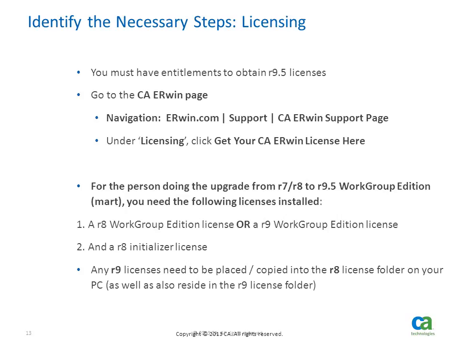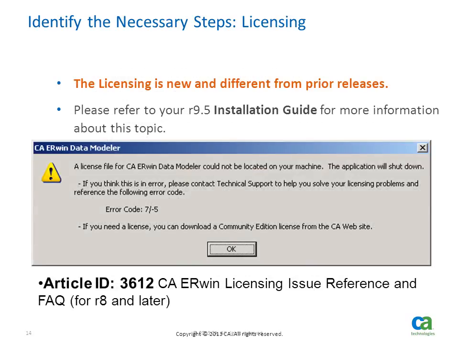Any R9 licenses need to be placed or copied into the R8 license folder on your PC, as well as also reside in the R9 license folder. The licensing is new and different from the prior releases. Please refer to your R9.5 installation guide for more information about this topic.